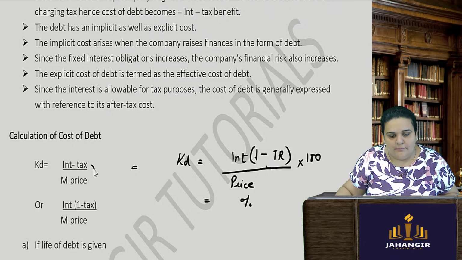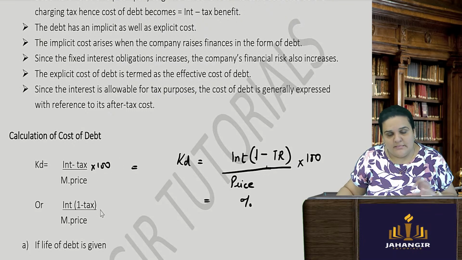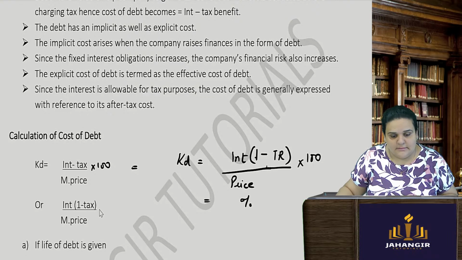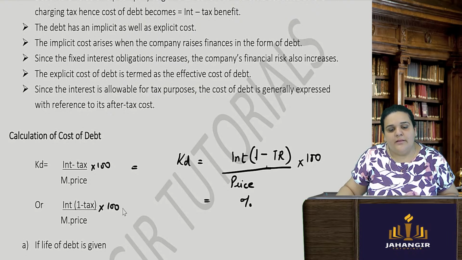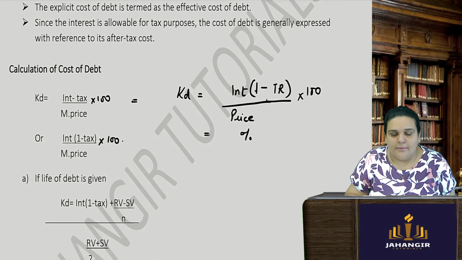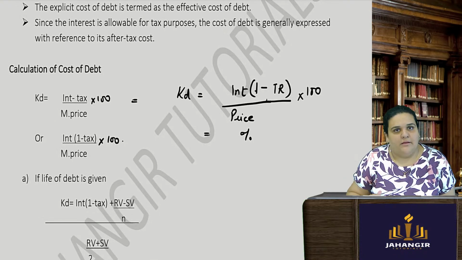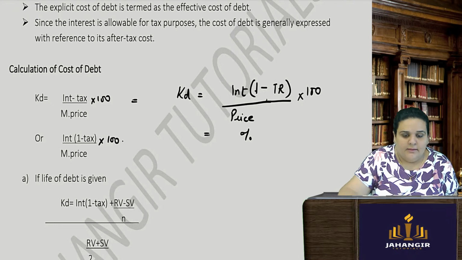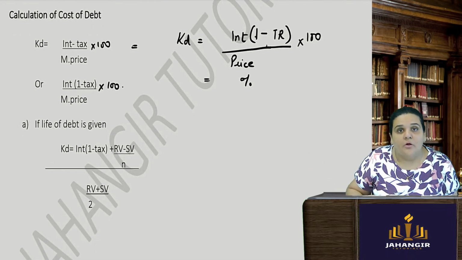Either you can do interest minus tax, calculate the tax, or the best formula is interest into 1 minus tax rate upon that price, market price or whichever price they are giving us. This is one formula for cost of debentures.